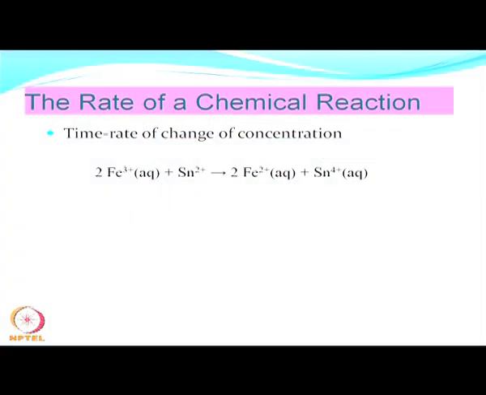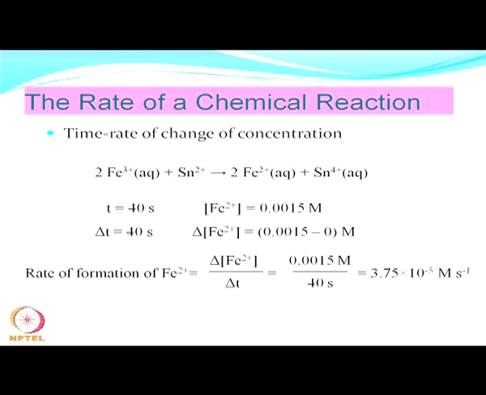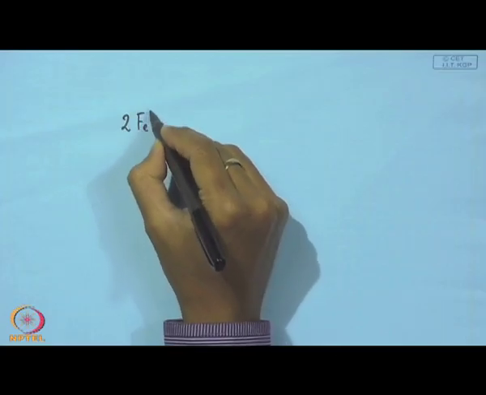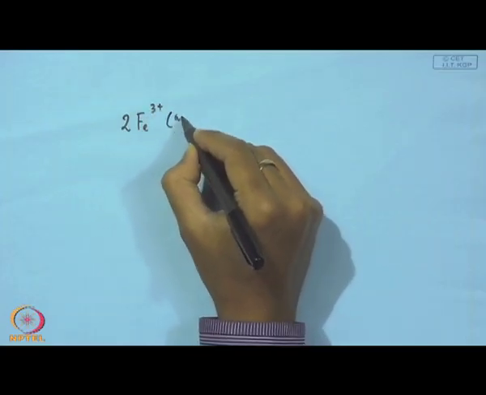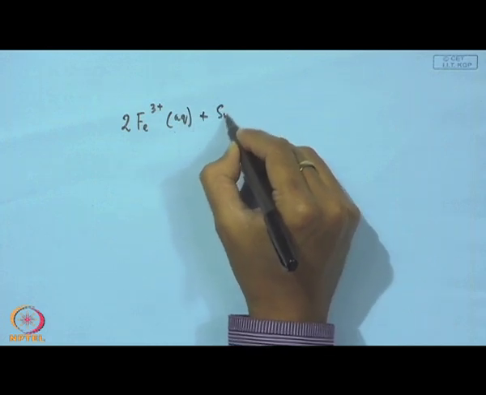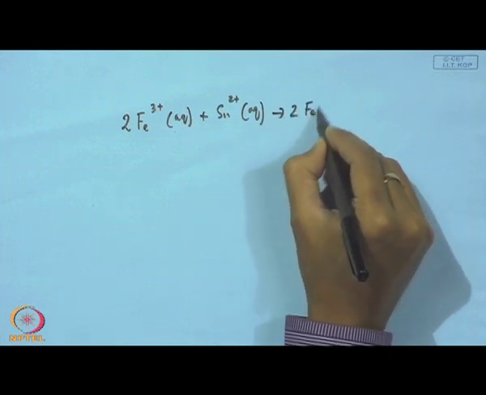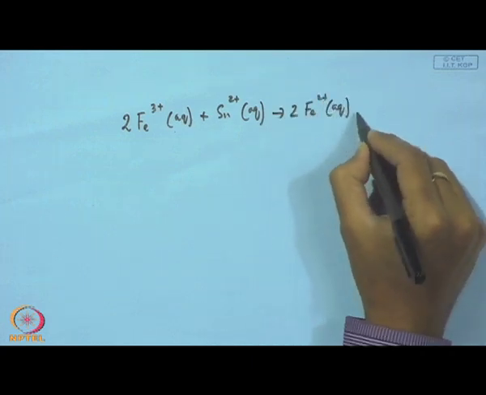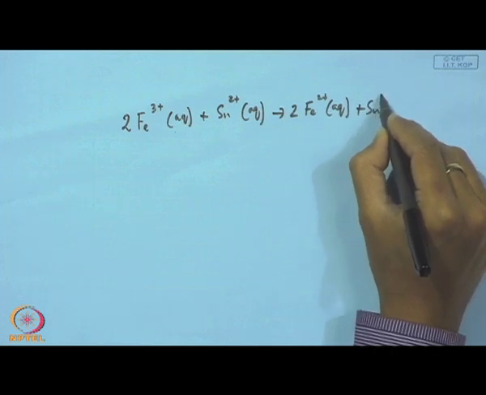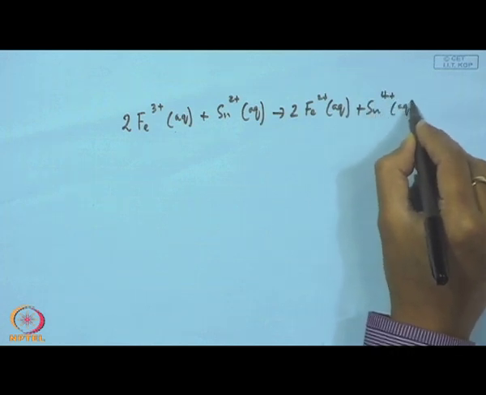Okay. Now we will move on to a simple example. Let us concentrate on a reaction of this kind: 2 Fe3+ aqueous, that is aquated ion, plus Sn2+ aqueous, producing 2 Fe2+ aqueous plus Sn4+ aqueous.